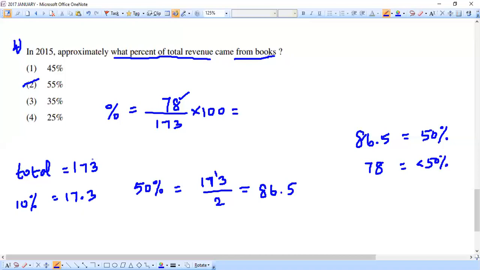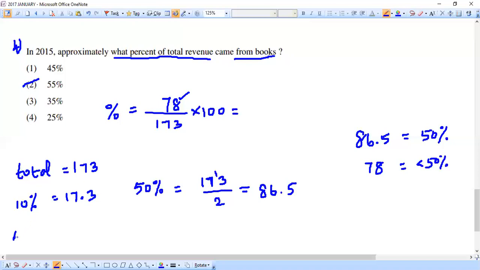Simple, right? Why? Because for any number, if I want to calculate 10% of that number, it's just going to be divided by 10. So just think of dividing 173 by 10, we'll end up with 17.3. It's just going to be one decimal to the left hand side. Is it or not? So 10% of our number will be 17.3.